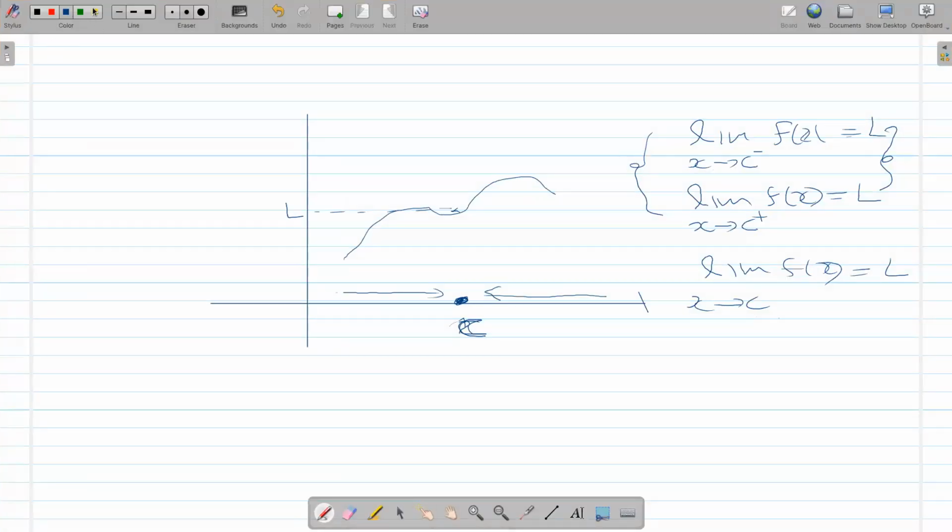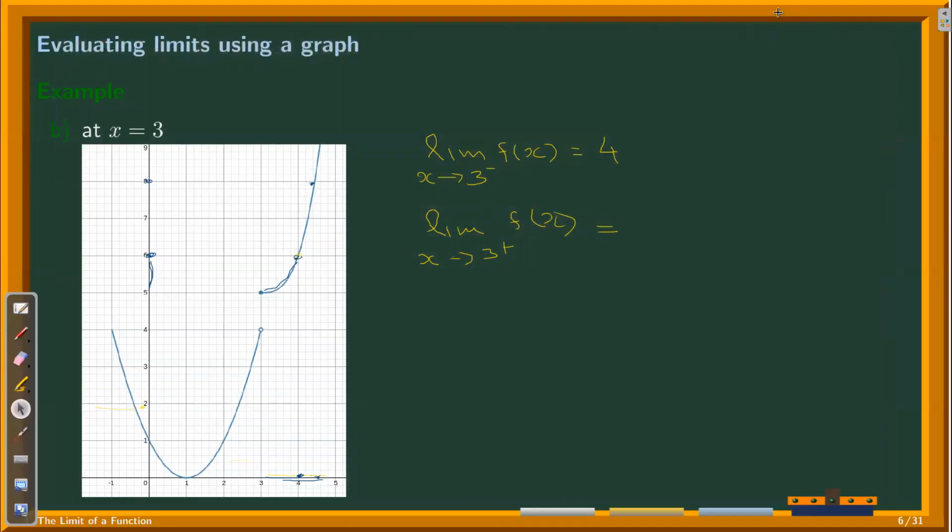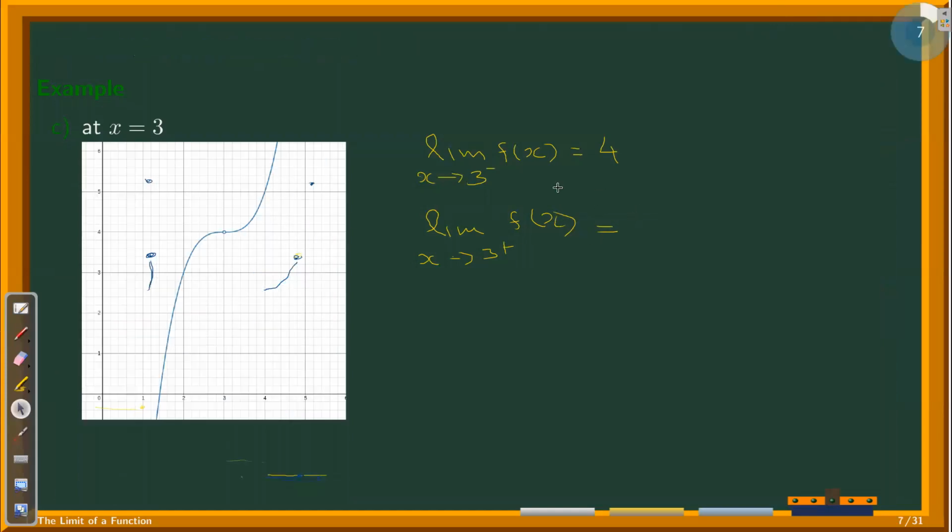So this one will come close to 5. Okay, 3 plus. Now, what happens to the two-sided limit? I cannot say in general, no? Without a direction, I cannot tell. So that becomes undefined.